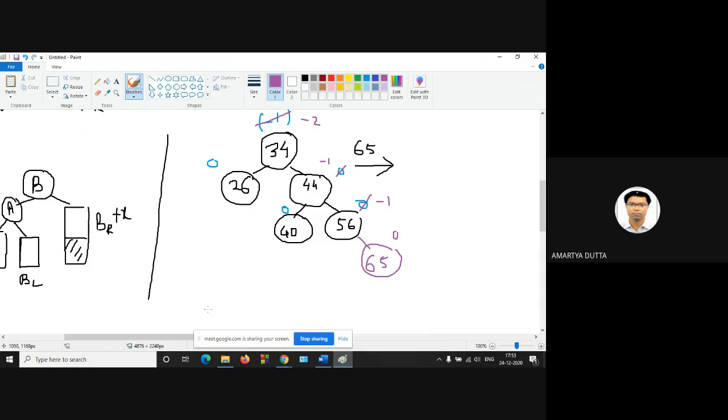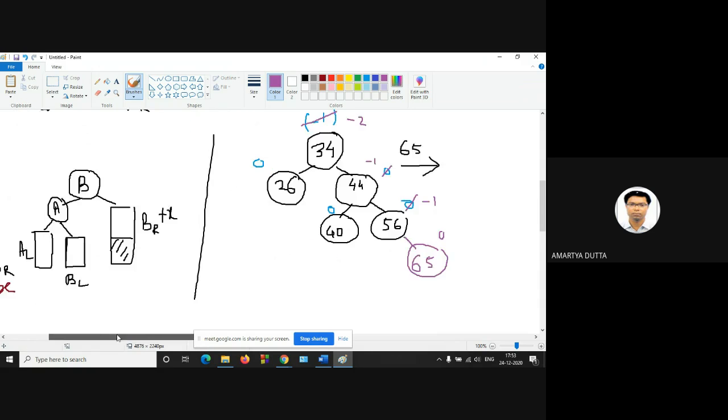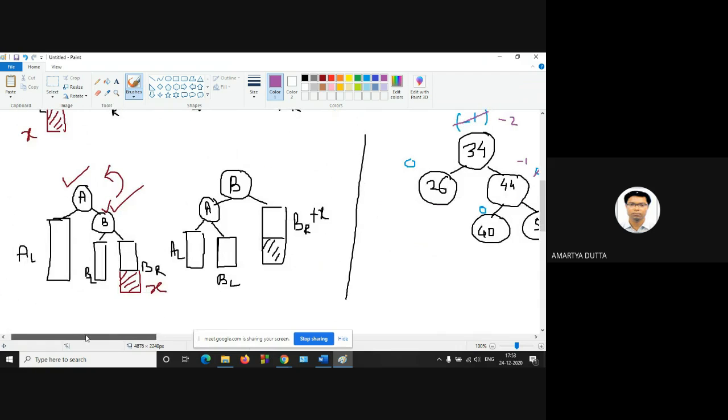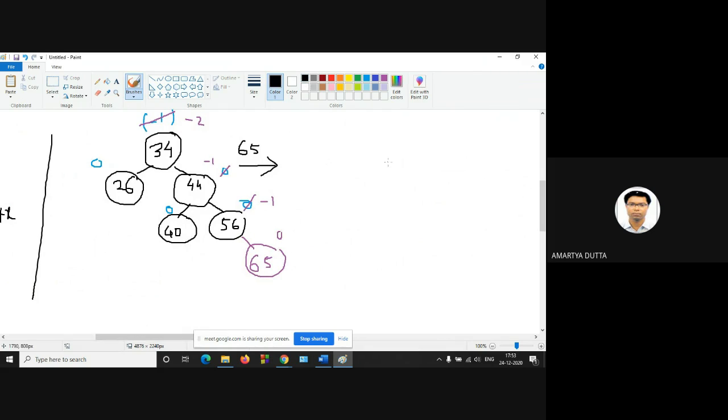Now, what should I do according to the rule? 44 will become the root. 44 now becomes your root. 34 is the left of 44.